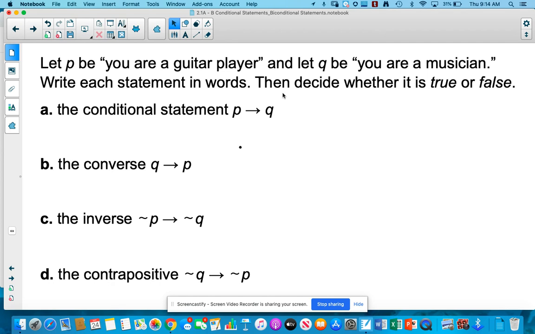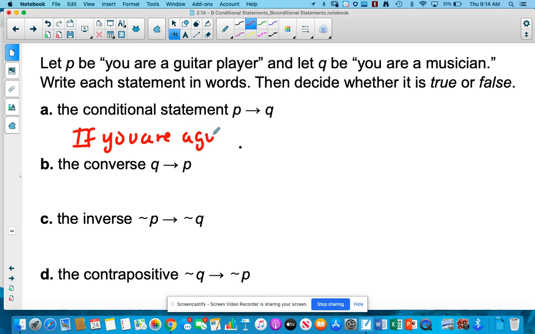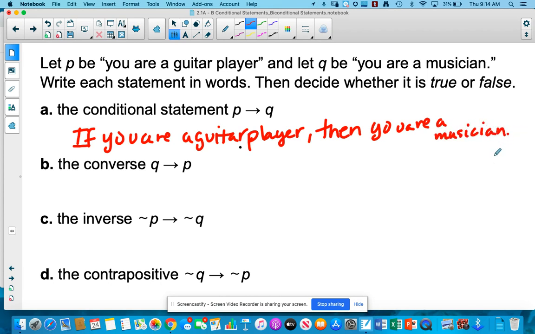Okay, so we want to write the conditional statement, which is P implies Q. So if P is you are a guitar player, you would say, if you are a guitar player, then Q, right? You are a musician. Okay, that is your conditional statement.